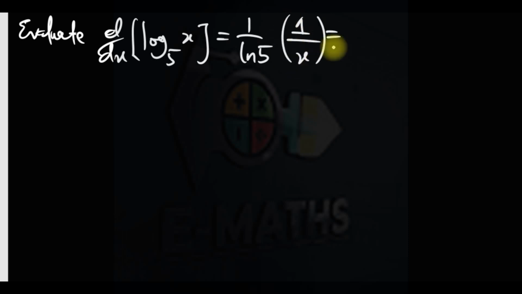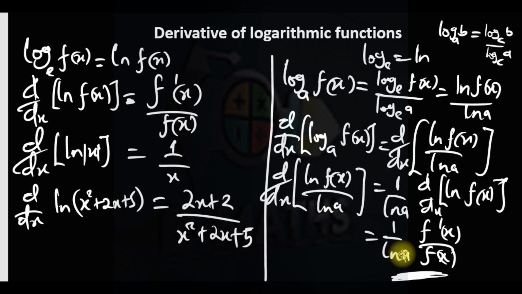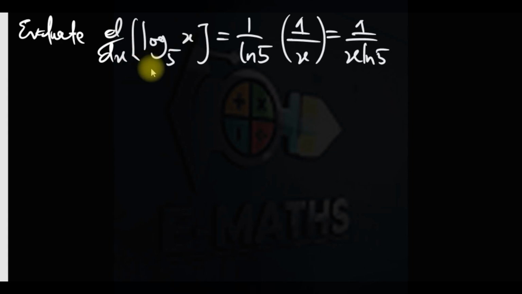So the answer is 1 over x ln 5, from what we have just explained. Our a here is 5, so 1 over ln 5. If you differentiate x, you have 1, over the original. Our f(x) is x, so f prime x over f(x) is 1 over x. So that's it.